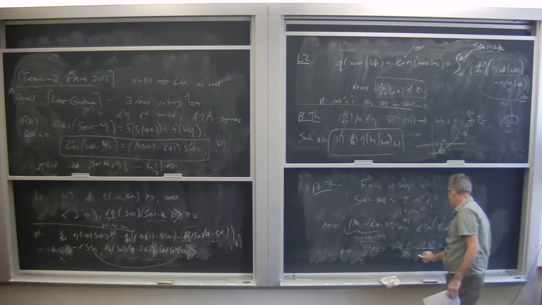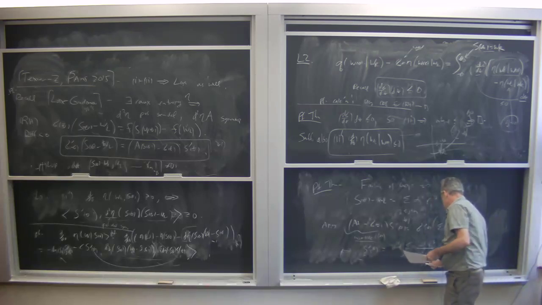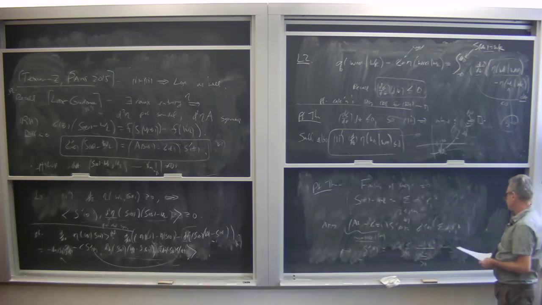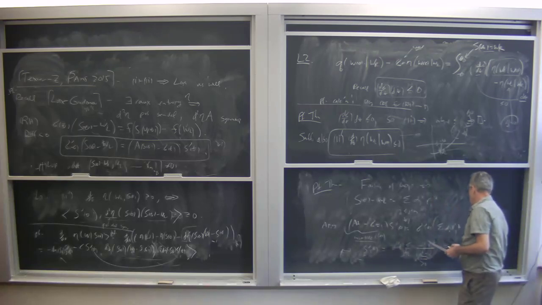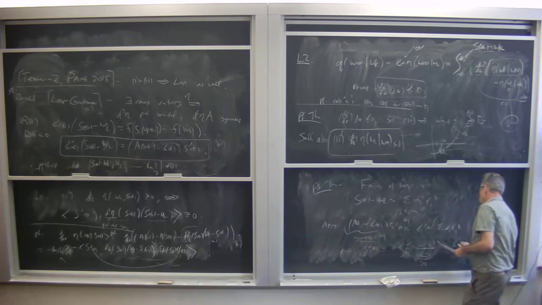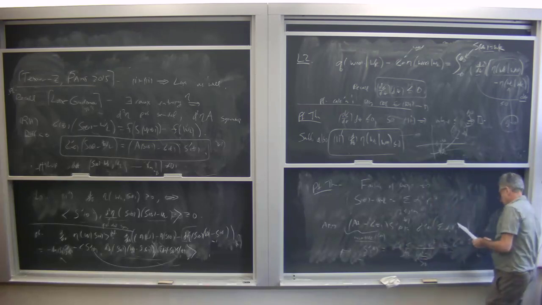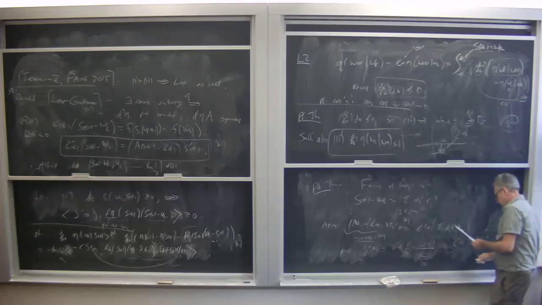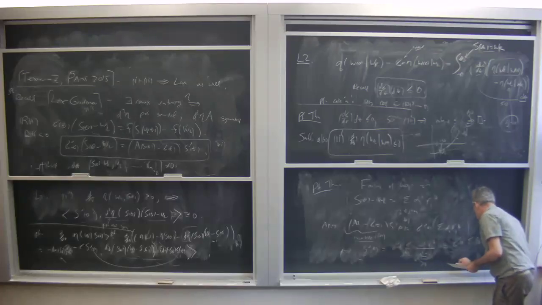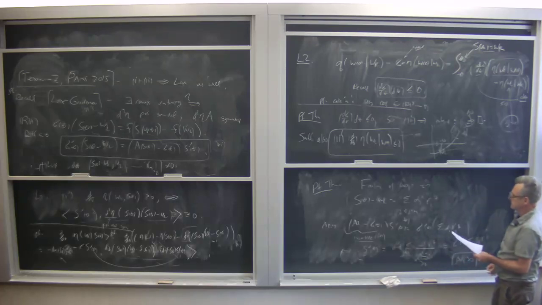And these are all positive. Okay, so let's just call it sigma prime of theta times the summation of beta j Rj plus, and the beta j alpha j is positive.